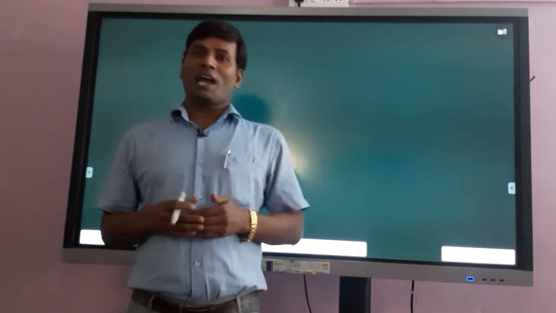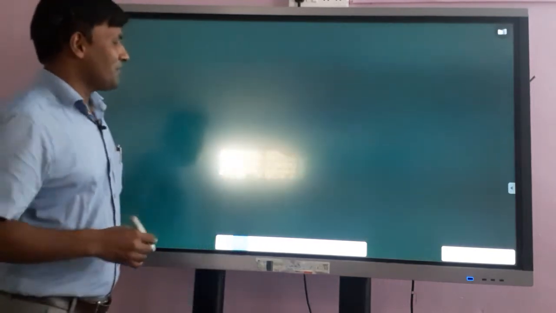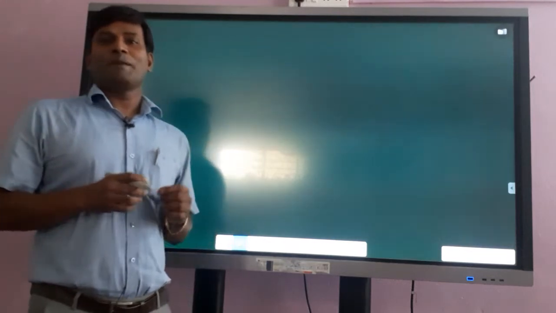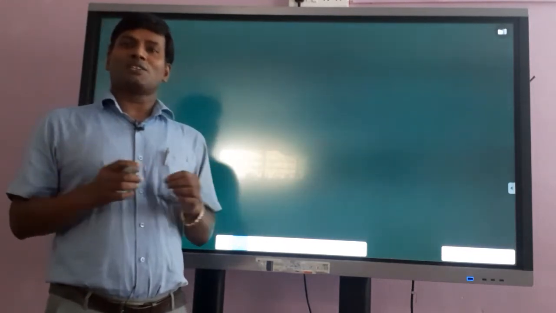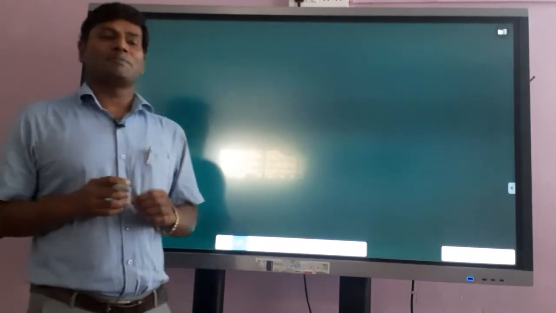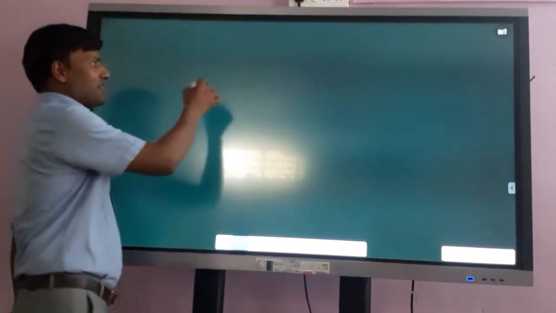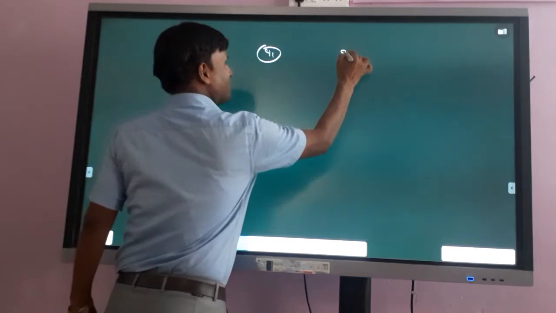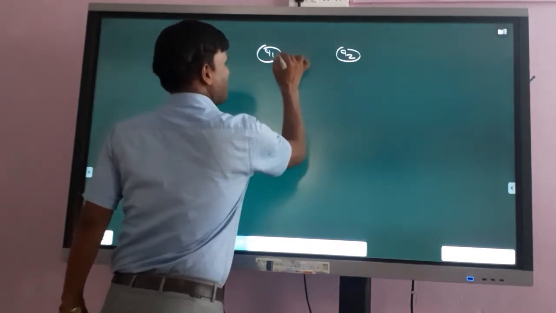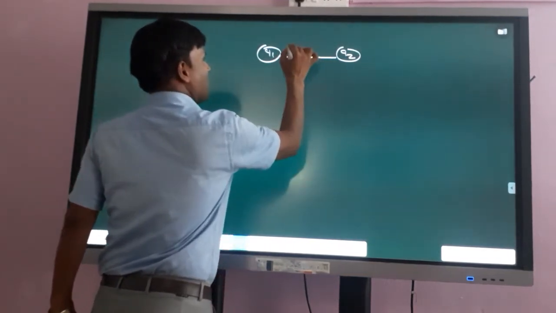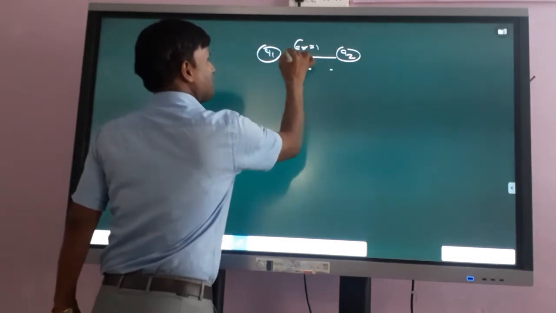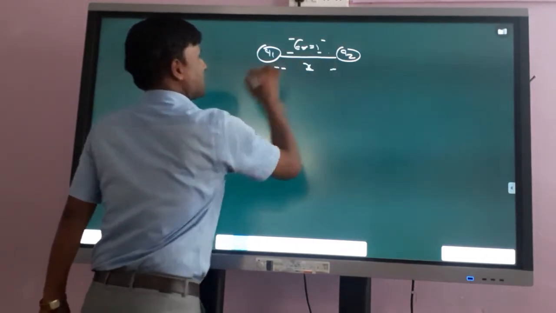Before that, we have seen about Coulombic force between two charged particles if they are placed in air and also in uniform dielectric material. Like you can see here, if Q1 and Q2 two point charges are placed at distance r, and epsilon r will be 1, I mean this is air.